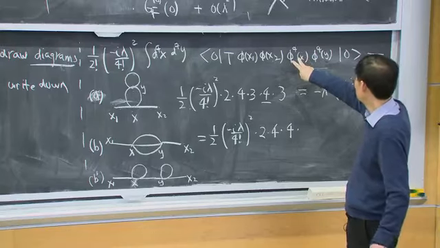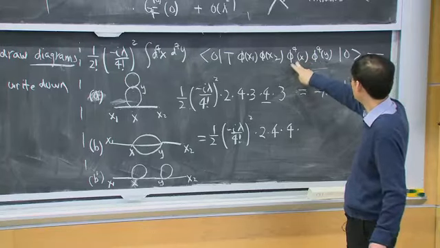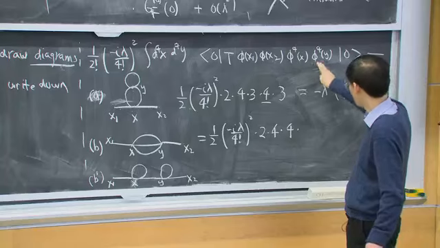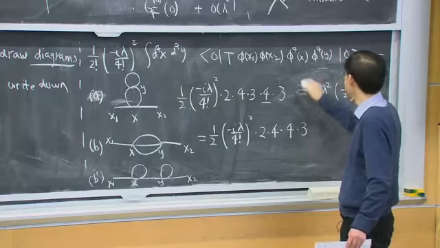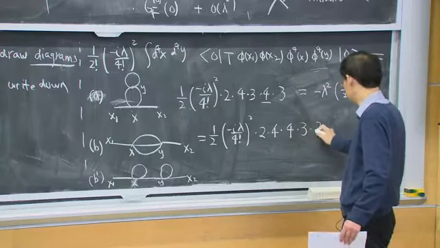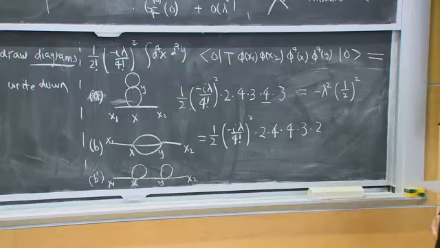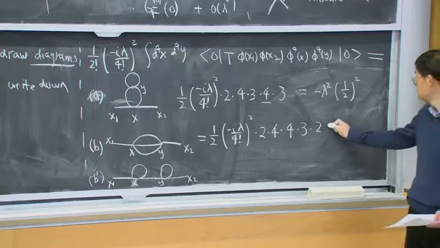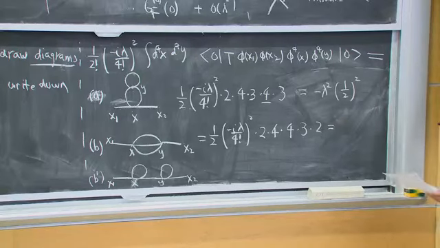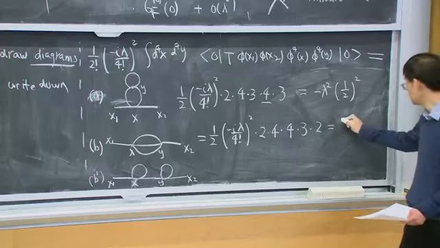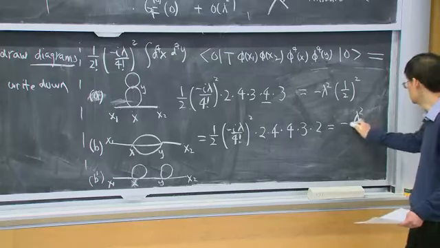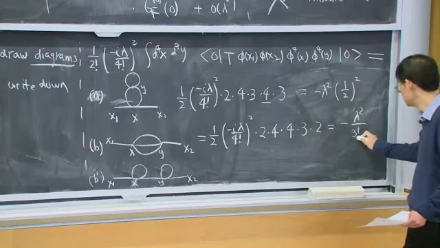Then take one of the phi, and it has 3 possibilities to connect to y. And then the other one has 2. Okay, and that's it. That's all the possibilities. And if you work it out, this gives you lambda square divided by 3 factorial.